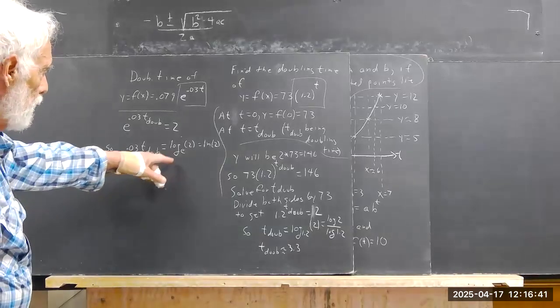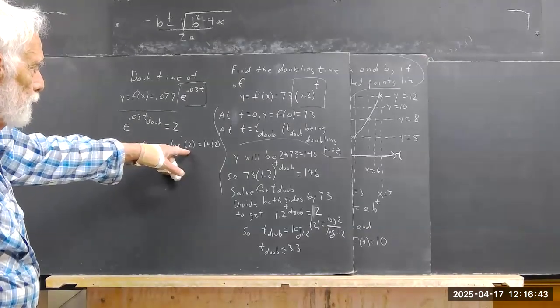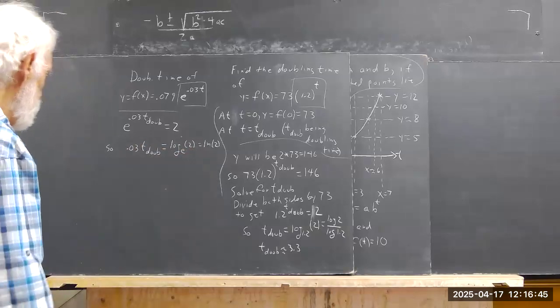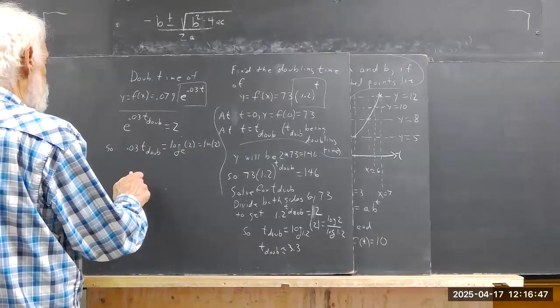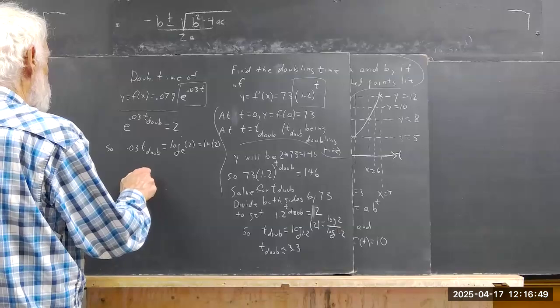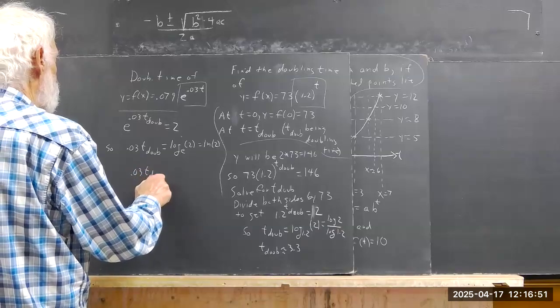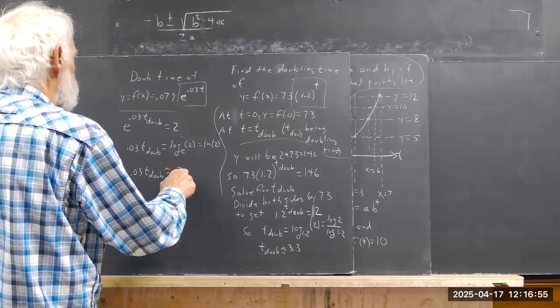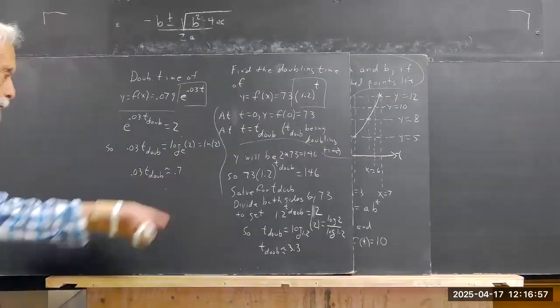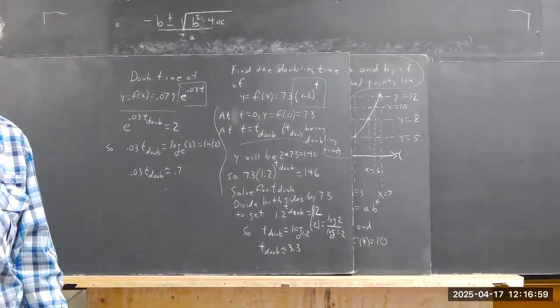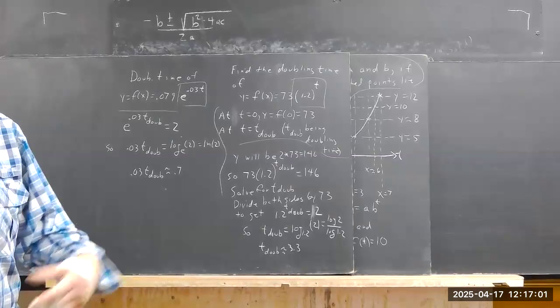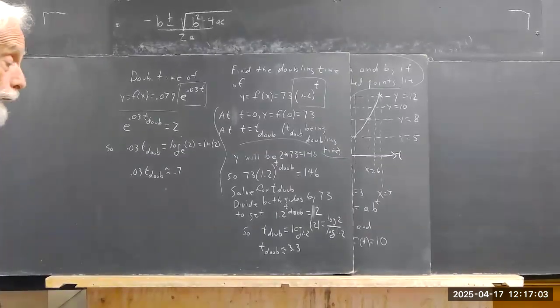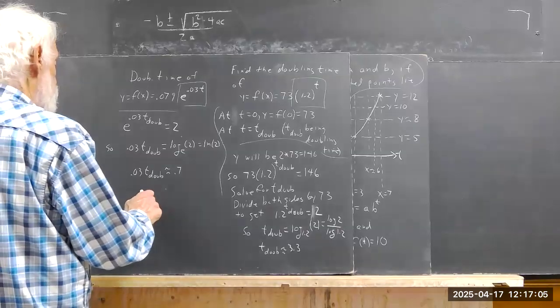0.03 times t dub equals log to the base e of 2, which is the natural log of 2. Natural log of 2 is 0.69 something. I'm just going to round it off to approximately 0.7. Of course, your calculator will give you an accurate result.